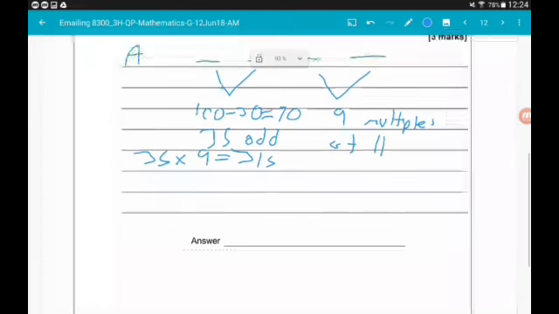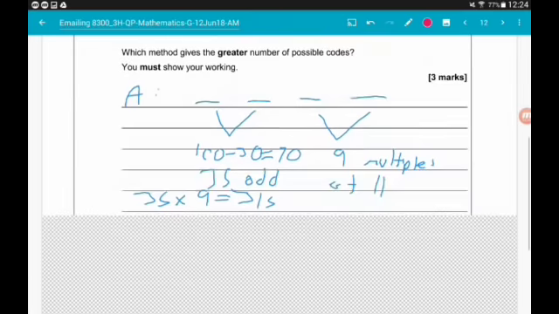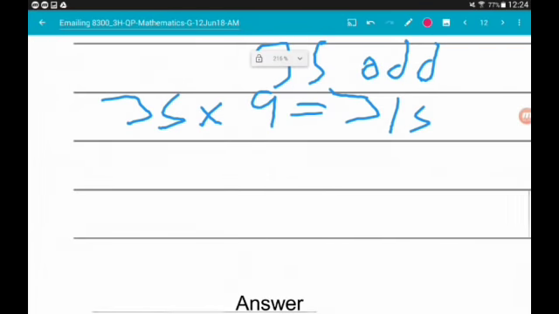So then for method B, we're using digits in the order even, odd, even, odd. We're not allowed to use 0.